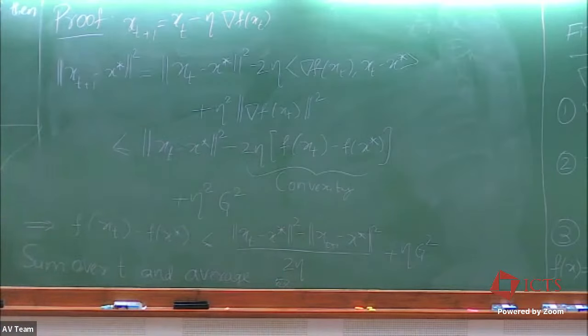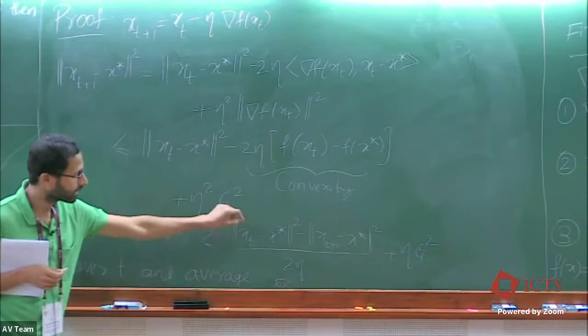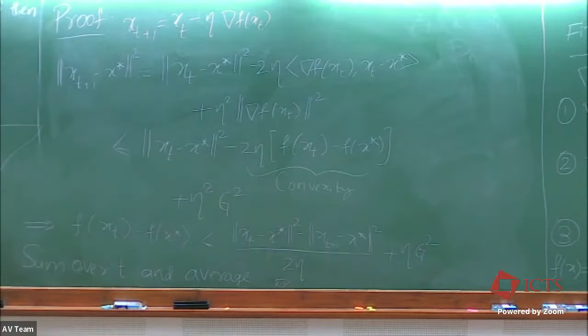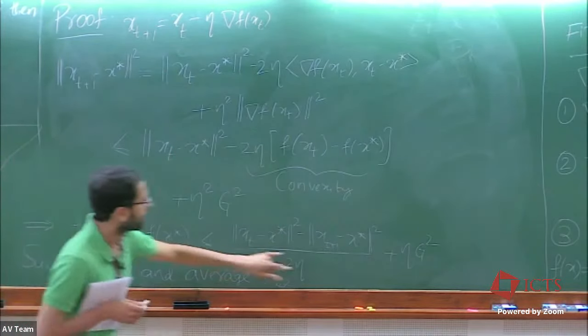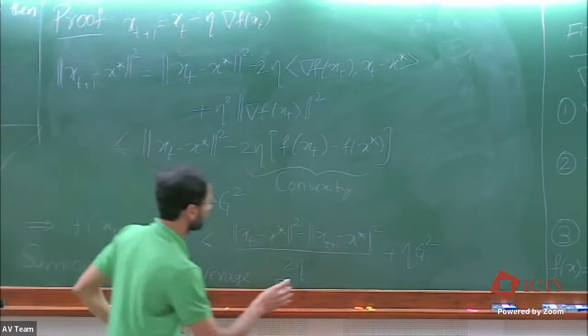If we take a sum over T and average, there is a telescopic sum here. So only the first and the very last terms remain, right? And that will give us this first term. And then we'll just throw away this negative quantity. That will give us this term. And then this one will be exactly the same. So this is 2.